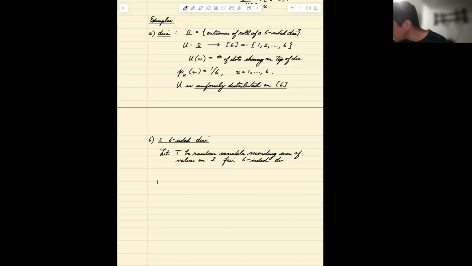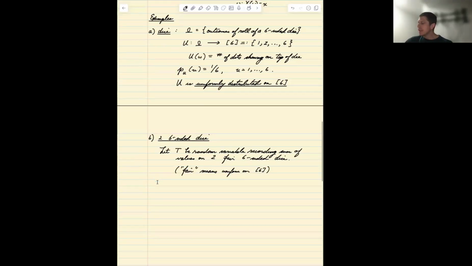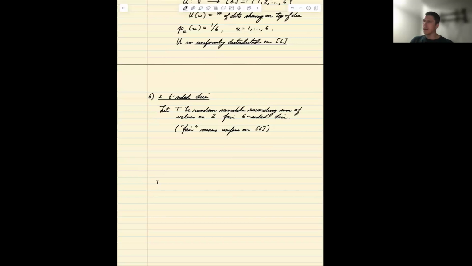What do we mean by fair? Fair means uniform on all of its outcomes, on the outcomes 1 up through 6. Okay, so we've already calculated this a number of times. We calculated this in our Craps analysis.